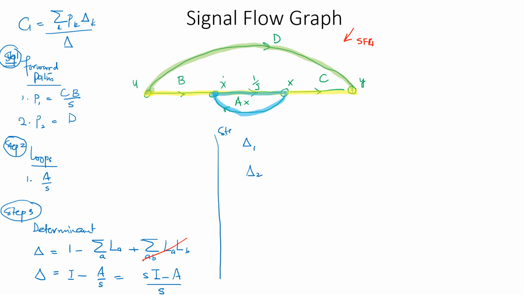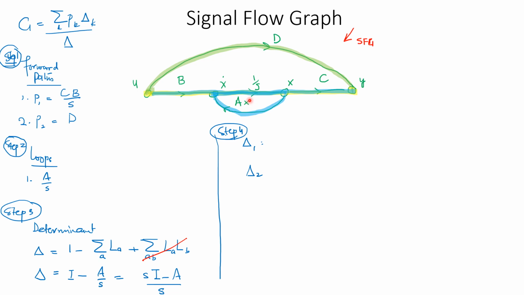So this is going to be step number 4 in that sense. Delta 1 is going to be the cofactor when you remove that forward path corresponding to that. When I'm considering the forward path to be this, obviously I can see that the only loop that is in there is going to be also removed from the system.